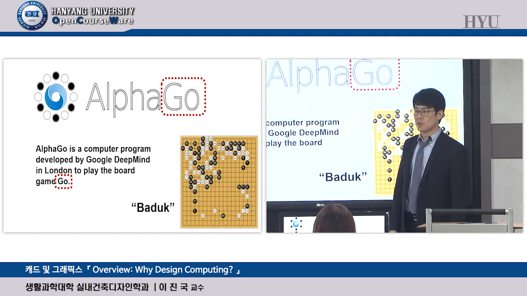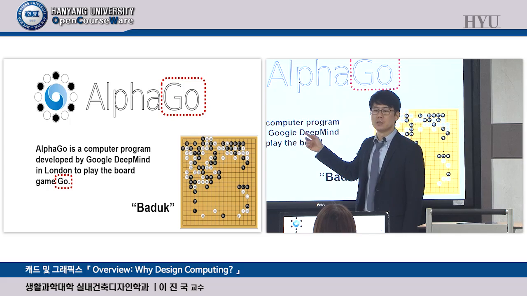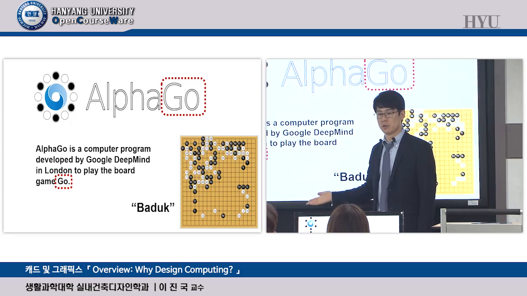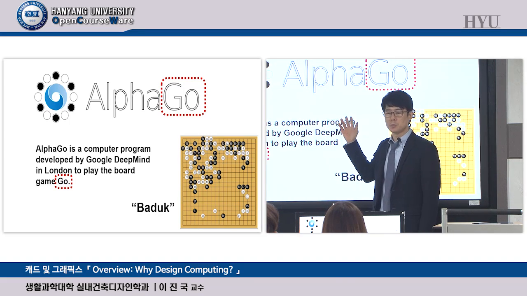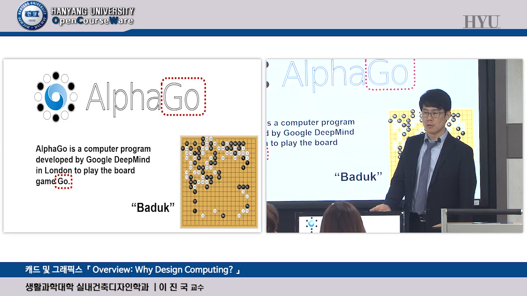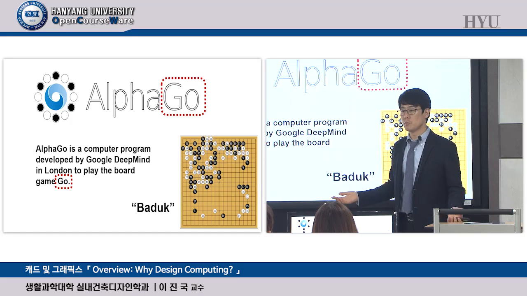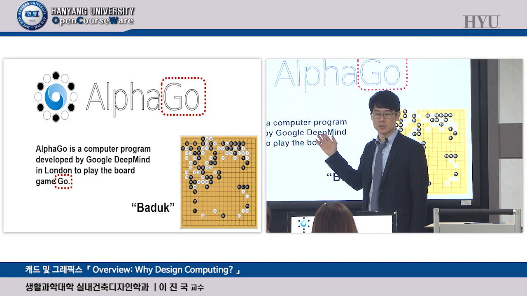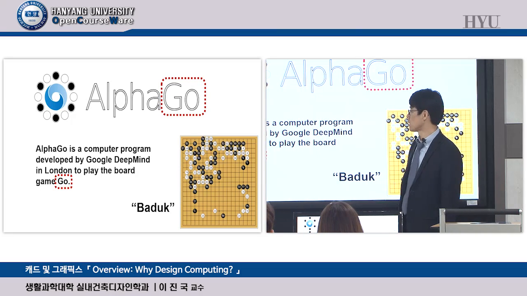Okay, so this machine's distinguishing part is that it is deep learning based. Deep learning means an advanced kind of machine learning, which means it learns by itself. It plays Go games, millions of games per day, several games in just 1 second, using thousands of computers, using cloud computing or some advanced technologies.